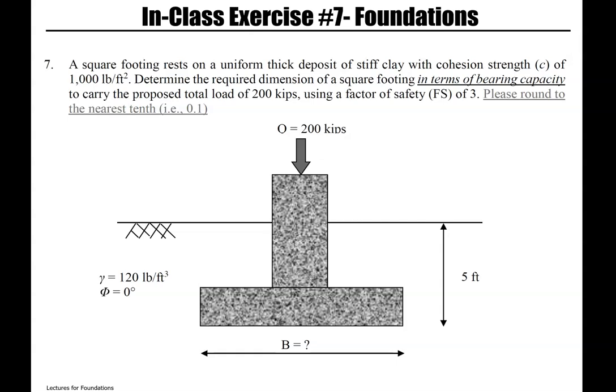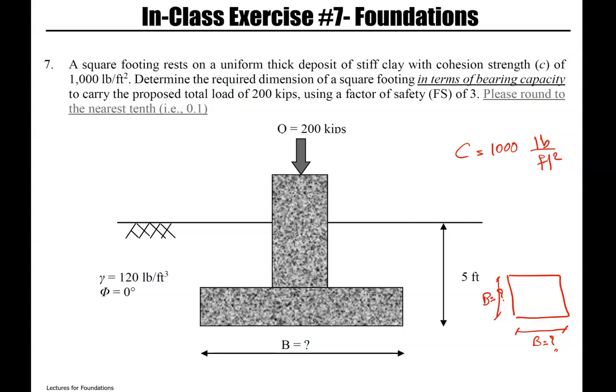Example number 7. We have a square footing. Width of footing is unknown. The square footing rests on a uniform, thick deposit of a stiff clay. So it has high cohesion. Shear strength or cohesion is 1,000 pounds per square feet.